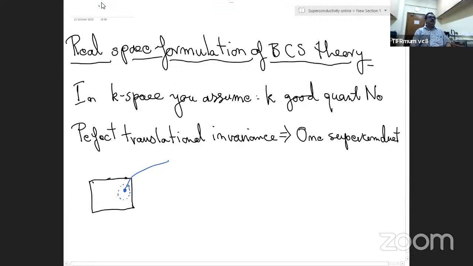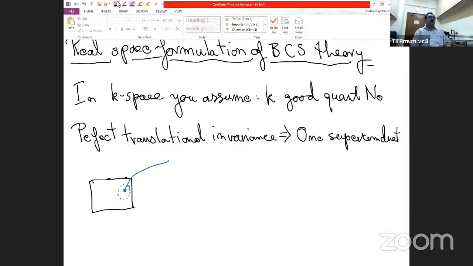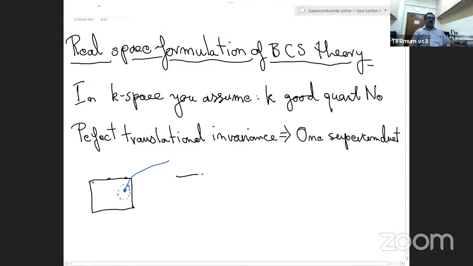Or suppose similarly I can have a situation where I had this superconductor, and then in this superconductor I have inhomogeneity. I have these regions here, these small inclusions that I have put. I have made an alloy with another immiscible metal.